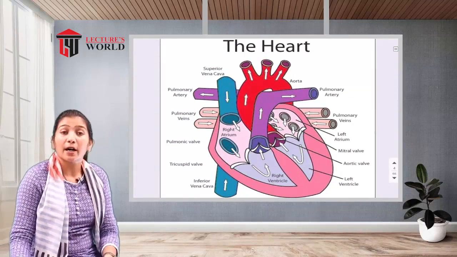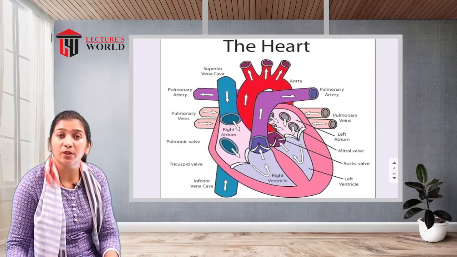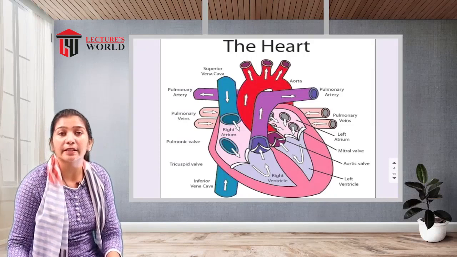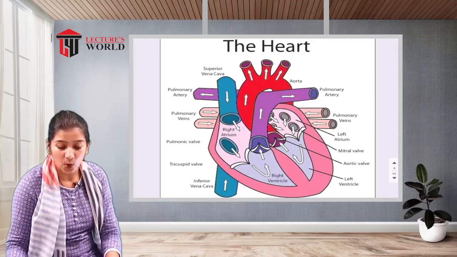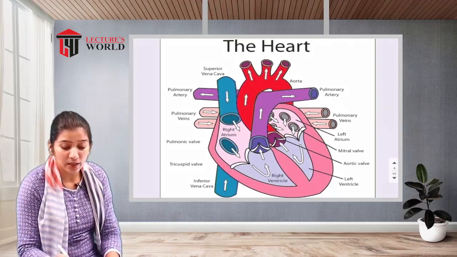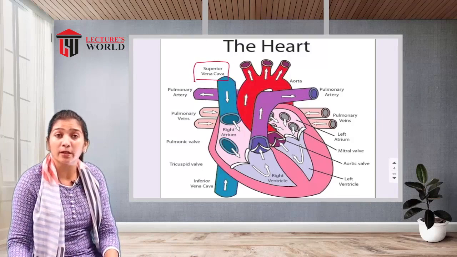Now these are all the parts of the heart. You can see in the picture there are several parts: chambers, valves, veins and arteries. The blue one you are seeing is the superior vena cava. What is the function of the superior vena cava?